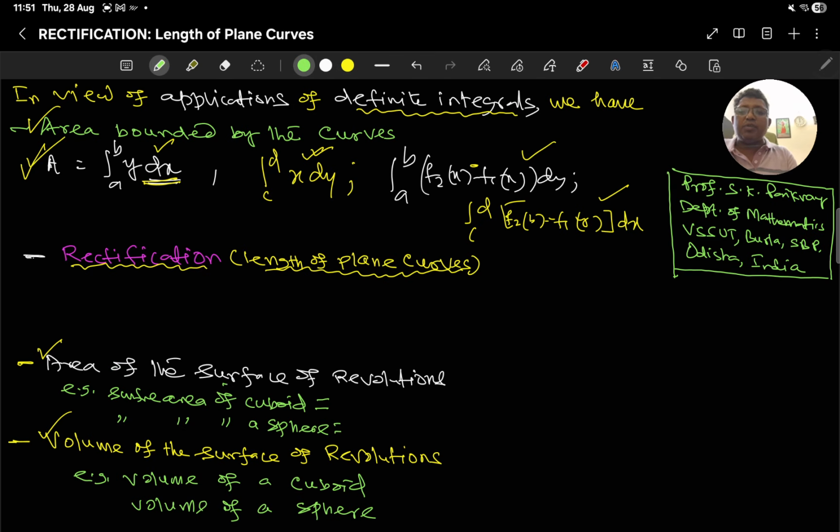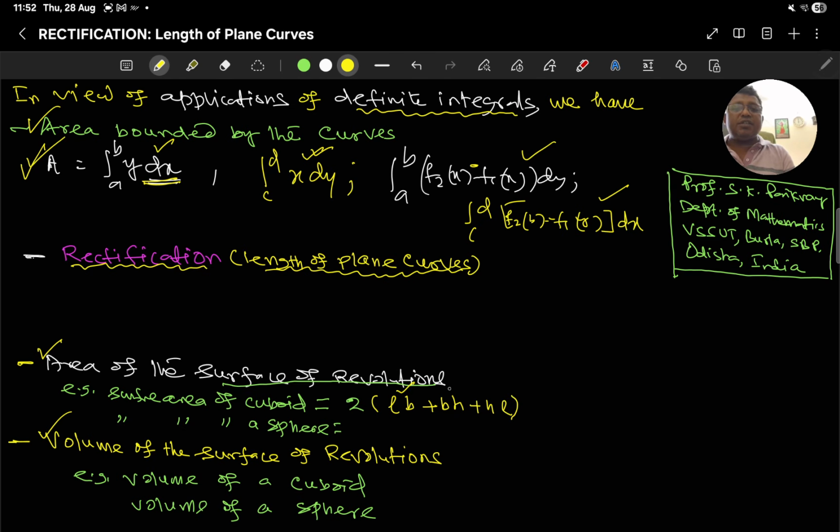Coming to the area of surface of revolutions, if we think of the surface of a cuboid, suppose you have a brick, it has six faces, right? Upper face, lower face, side faces, front and back faces. So the area will be given by 2 times (L into B plus B into H plus H into L), right?